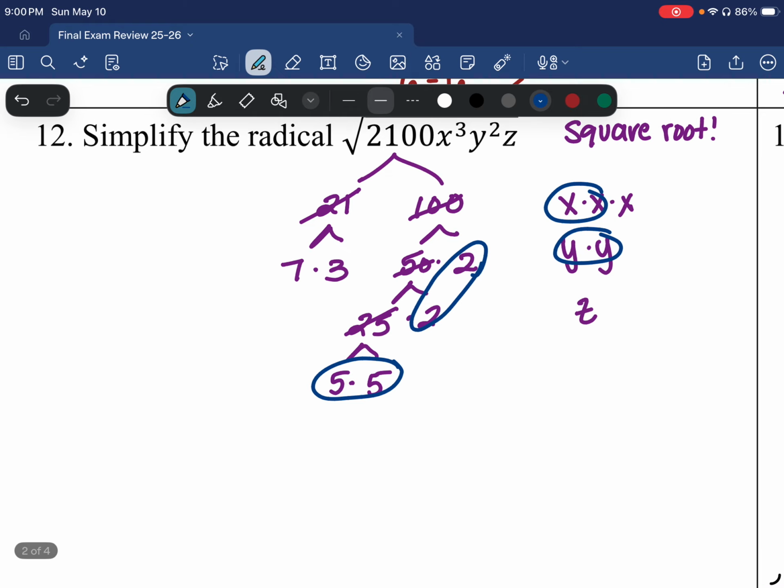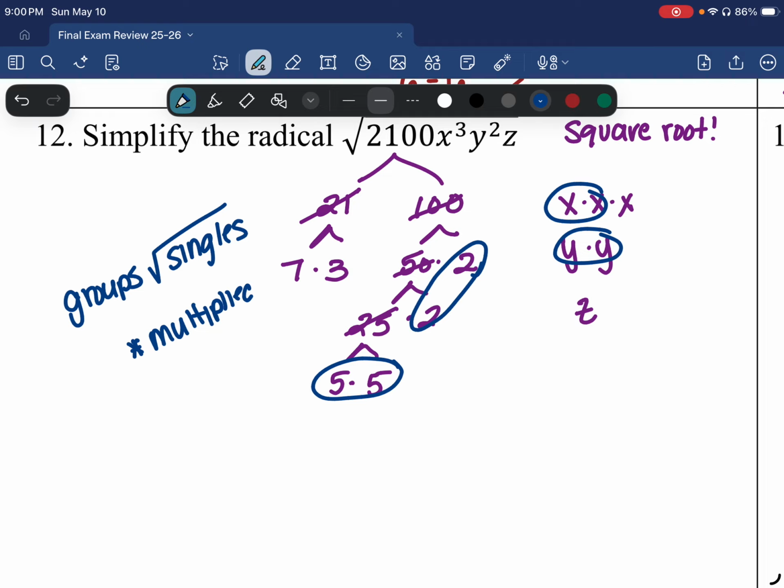When you are simplifying, your groups are going to go outside of your radical and your singles are going to stay in. And both of these will be multiplied together. So if there are multiples, they're multiplied. So for example, 5 and 2, 5 times 2, I've got a group of x's and a group of y's. That will be multiplied to the radical with all the singles.